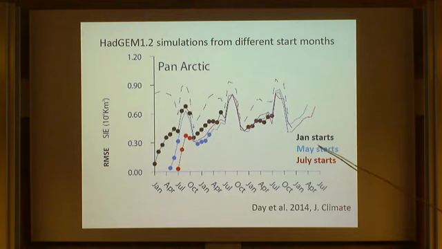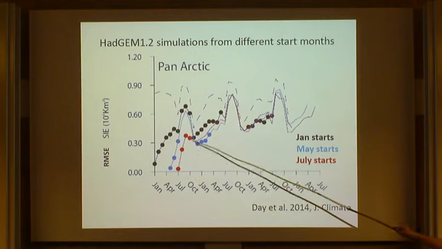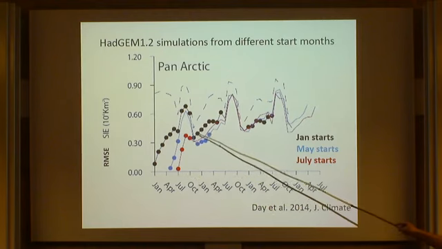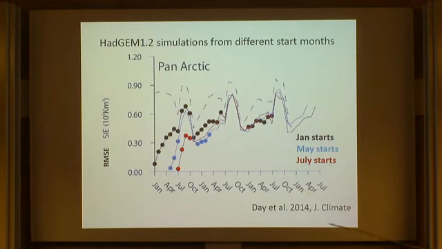It shows an impact whether you start in January, May or July. If you start in July, only predictions up to three months are significant. When you start in January, there are also some predictions, not for the whole period but intermittently for some winter periods in following years.